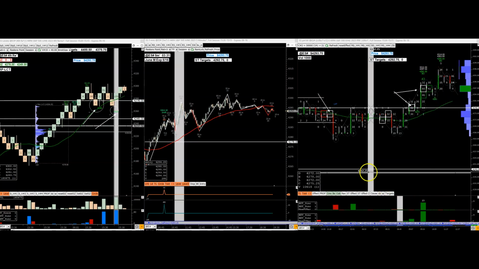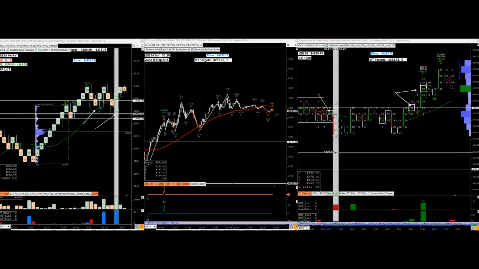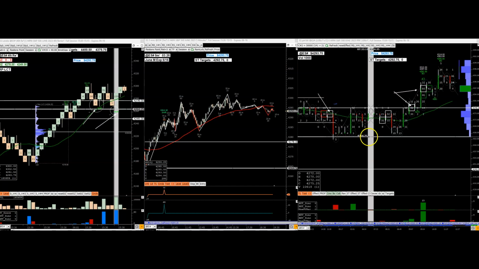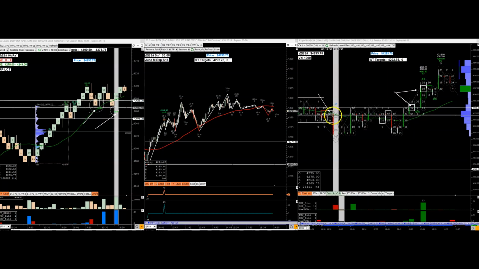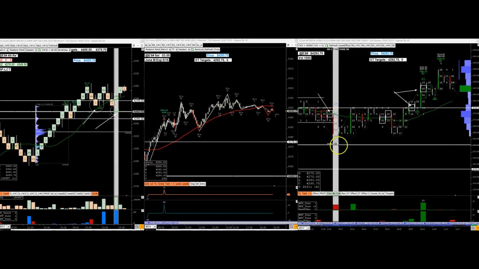Now, how do you know about fake breaks and why don't I take the short and all of that? The answer is very simple. You need to filter that information out. If you try to read everything, you are going to screw up, because the whole purpose of this is to get you short. Right here is to get you short.